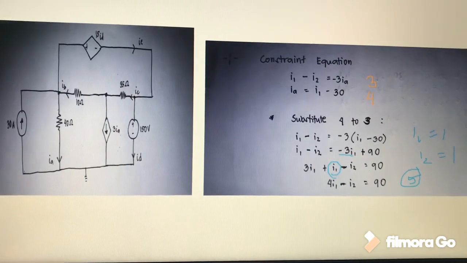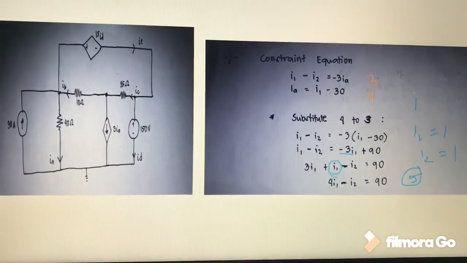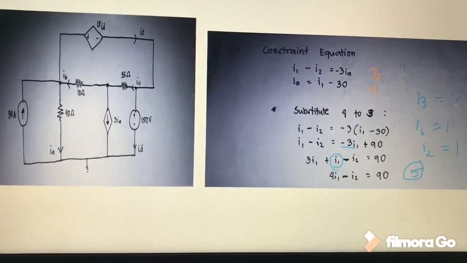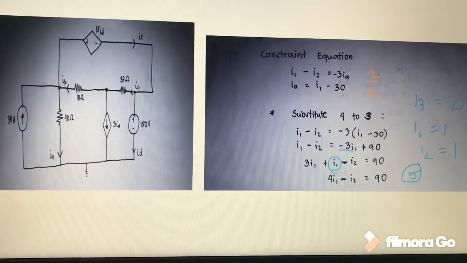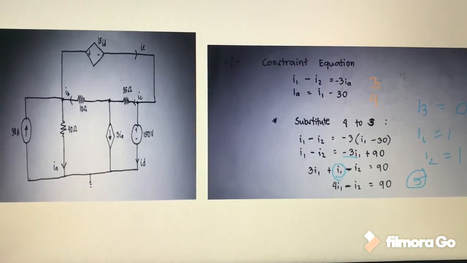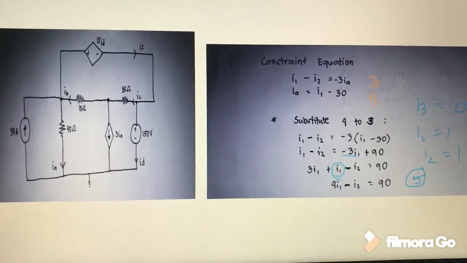However, there is no I3. So if there is no I3, we can consider it as 0. So our I1 is 4, our I2 is negative 1, our I3 is 0 equals to 90.